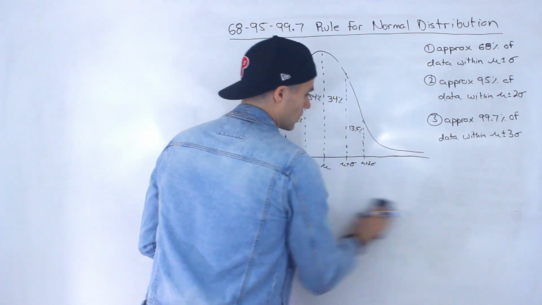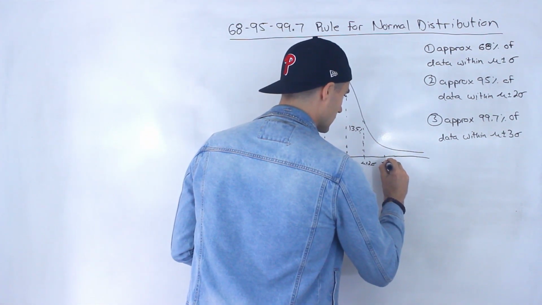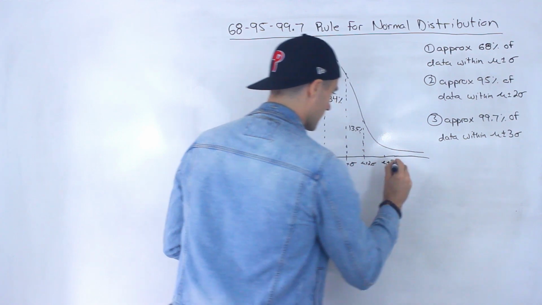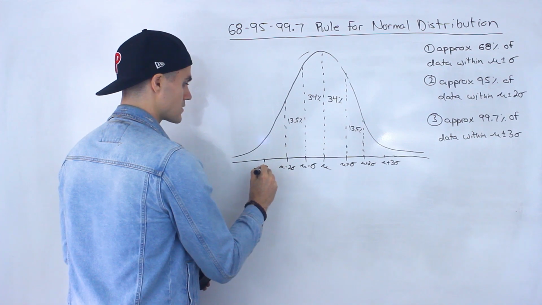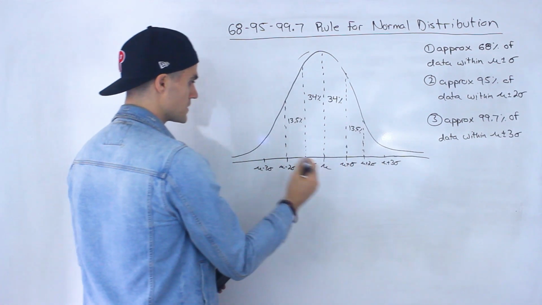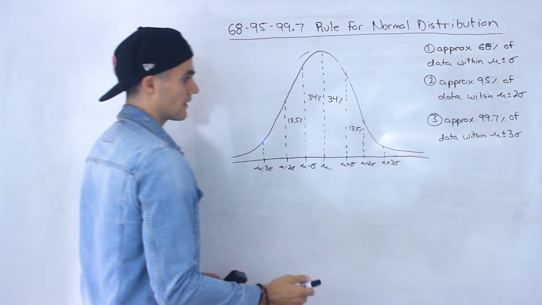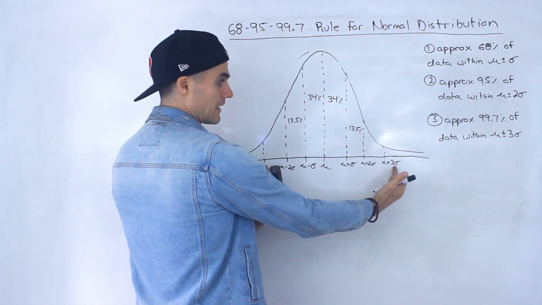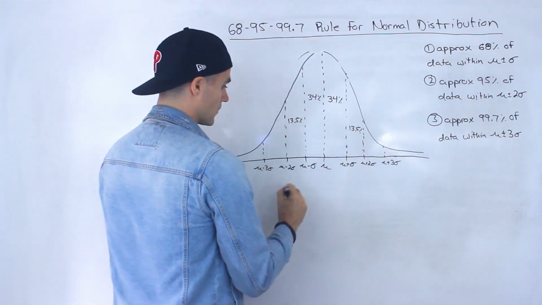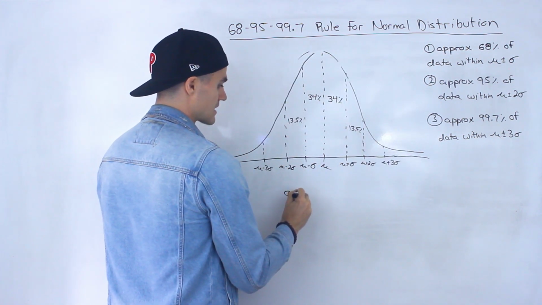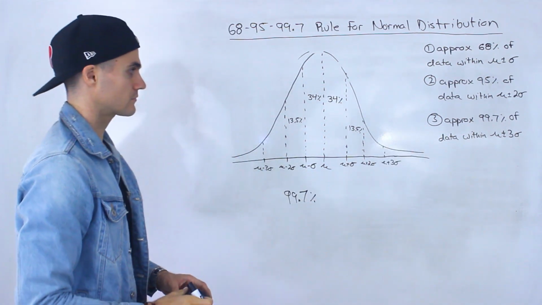Okay, and now let's go out to 3 standard deviations, getting a little bit more precise now. So we have mu minus 3 times sigma and then mu plus 3 times sigma. Let's draw dotted lines. Now we know in total within 3 standard deviations, this whole area is going to be 99.7%, from that empirical rule.